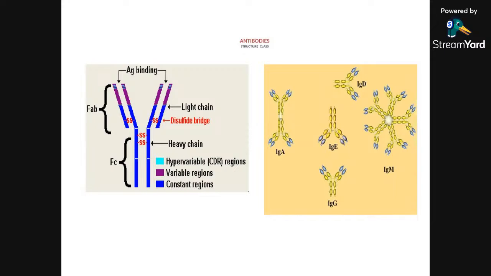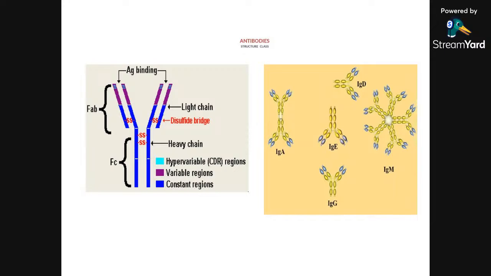At the same time, the FC is the constant region of the heavy chain. At the end of the chain is a single strand, and the two strands at the end have an acidic molecule. It will recognize the particular antigen presenting cells. This antibody has five categories: IgA, IgE, IgD, IgM, IgG.